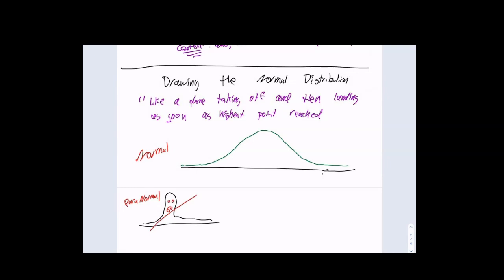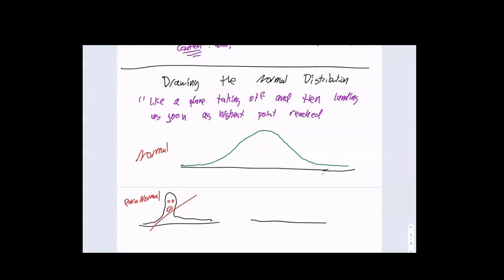That's the cousin it. That's paranormal. We want to draw normal distributions, not paranormal distributions, people. And no, paranormal is not an actual statistical word. It's a little pun or joke. Halloween just did happen. But if you draw your distribution like that, you're going to lose credit. That is not normal.